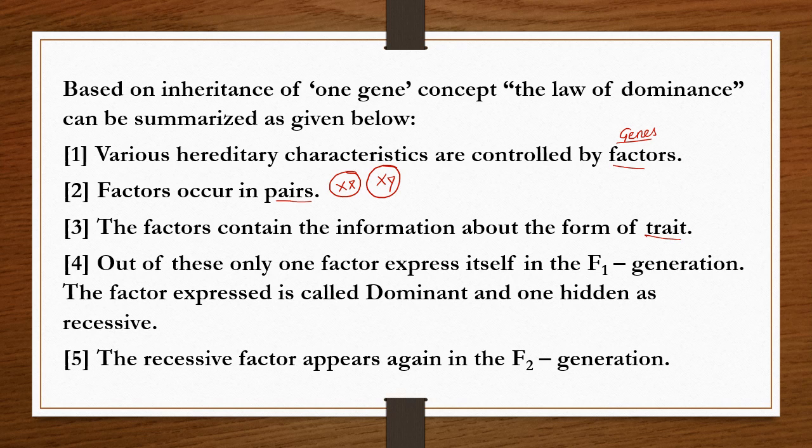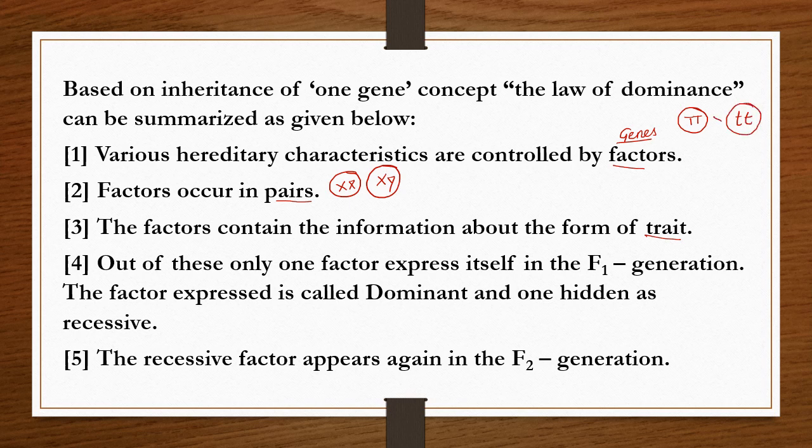Now recollect your monohybrid cross for this point number 4. In a monohybrid cross we use two parents, one a dominant parent, capital T, and a recessive parent, small t.